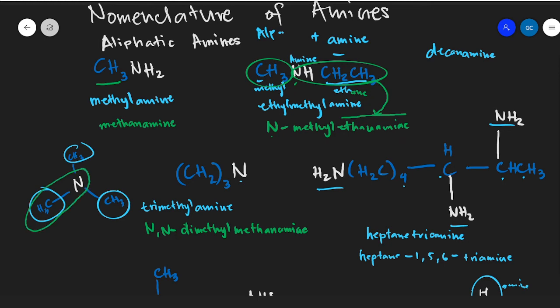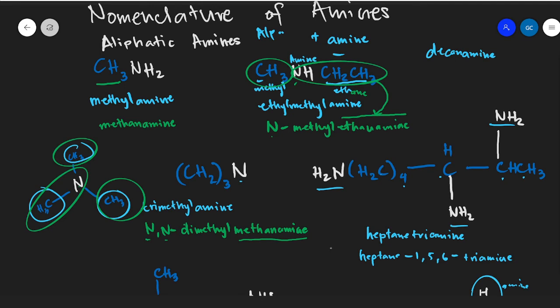Tapos yun yung kinonsider natin na primary amine, and as you may see here, siya yung nag-bear ng pangalan na methanamine. Tapos meron tayong dalawang methyl dito na sila naman yung nag-correspond dun sa dimethyl, which is yung ating mga methyl na yan ay naka-bond dun sa ating nitrogen, kaya nilagyan natin ng N,N kasi dalawa sila, N,N-dimethyl methanamine.